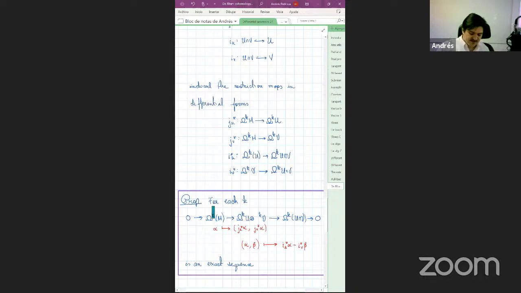Let's say we have to show that it is exact here. I know that the image is the zero function, so what I have to do is find the kernel of this map.